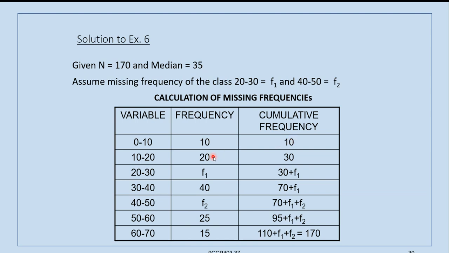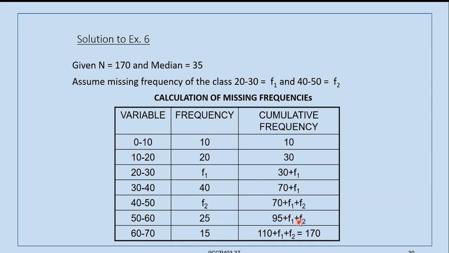First, you take 10, 20 plus 10, so here 30. 30 plus f1, plus 40, that is 70 plus f1, is the cumulative frequency for this, and f2 is given here. So we take 70 plus f1 plus f2.